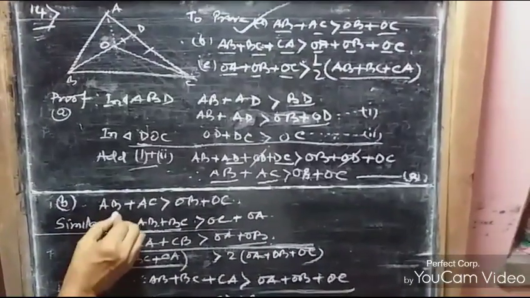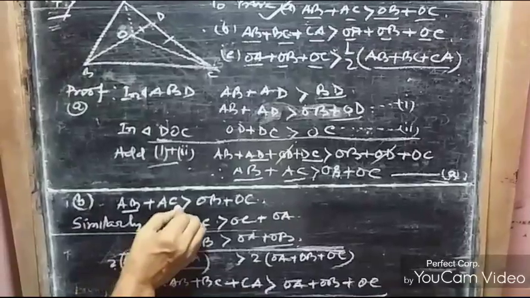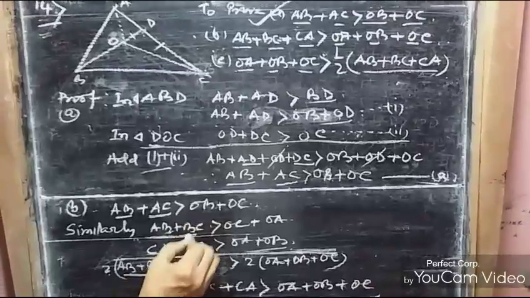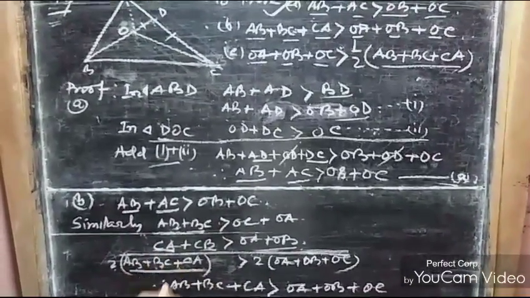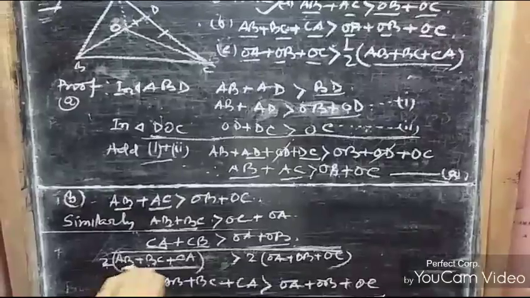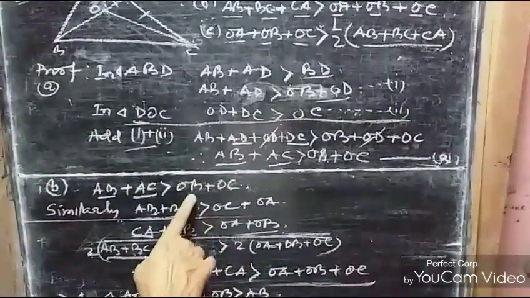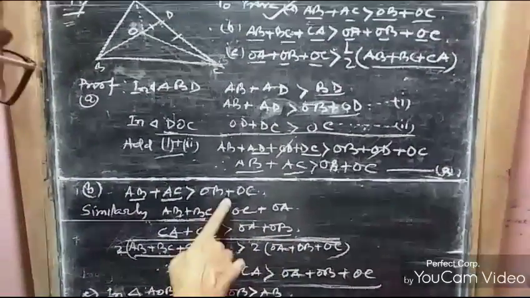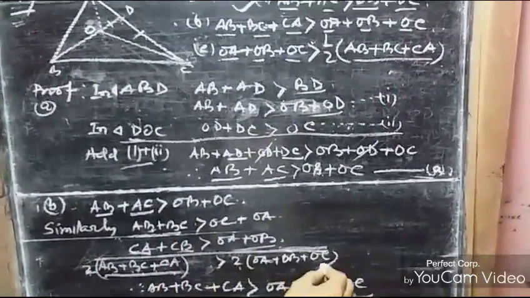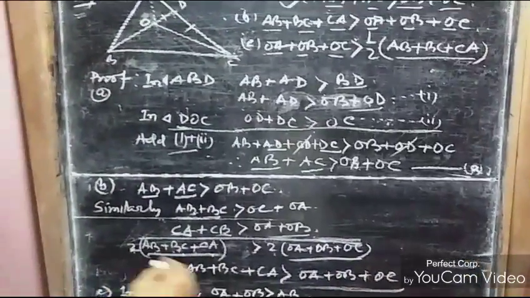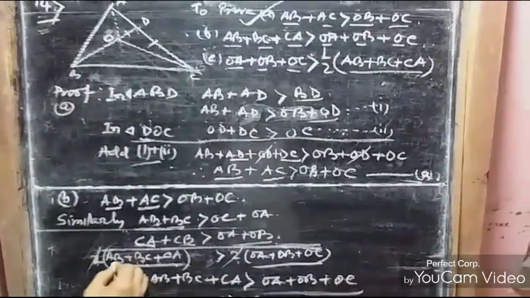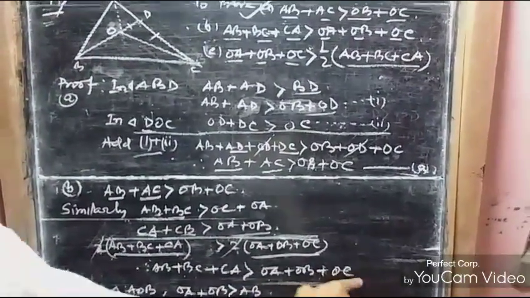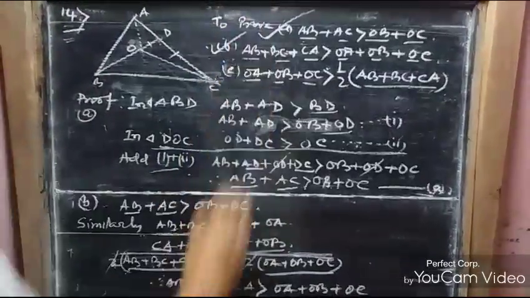On the left side, AB plus AB is 2AB, AC plus AC is 2AC, and BC plus BC is 2BC. So 2 common, AB plus BC plus CA is greater than, on the right, OA plus OA is 2OA, OB plus OB is 2OB and OC plus OC is 2OC, with 2 common. Now from both sides 2 is cancelled, and AB plus BC plus CA is greater than OA plus OB plus OC. This is the second proof.